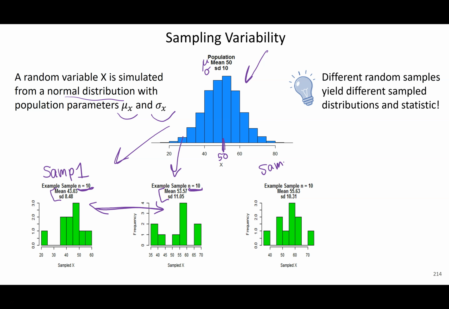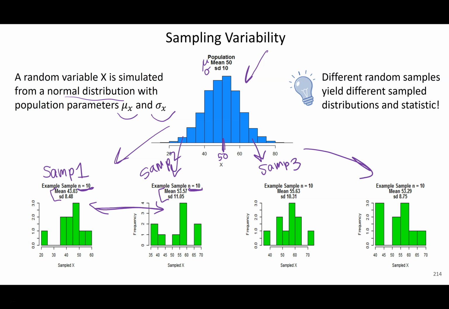So this is sample 3, and sample 4. One thing I am keeping consistent is the number in my sample every time. But the mean and the standard deviation change a little bit with every new random sample because I didn't take the exact same observations in each sample. So sample to sample, there are some fluctuations.